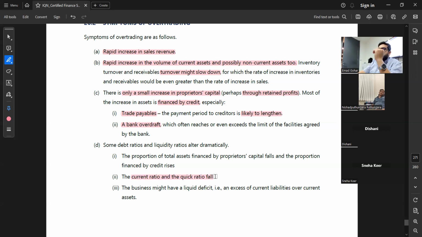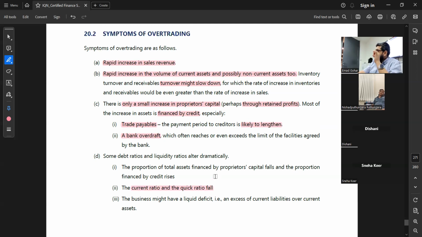Examiner can give you a question: which of the following options represents over trading? So 3 options he will give you under trading and 1 option will be over trading. Getting it? Again, over trading means under capitalization. Don't mix it.